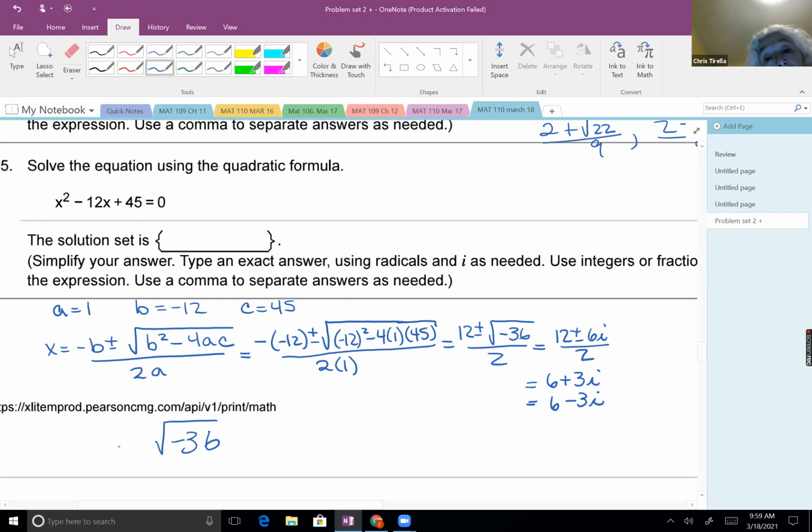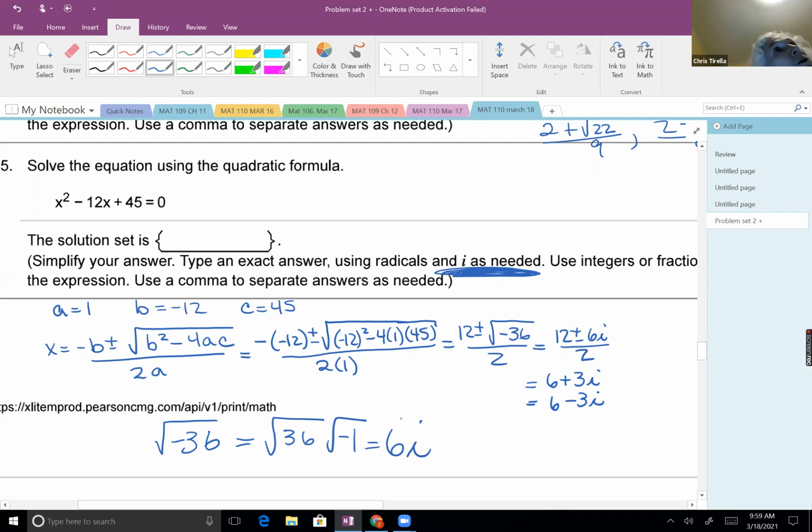If we're only working with real numbers, it does not exist. But over here, if it says we can use i as needed, that means that we can take the square root of a negative. And so that'll be the square root of 36 times the square root of negative 1, or 6i. So be careful.